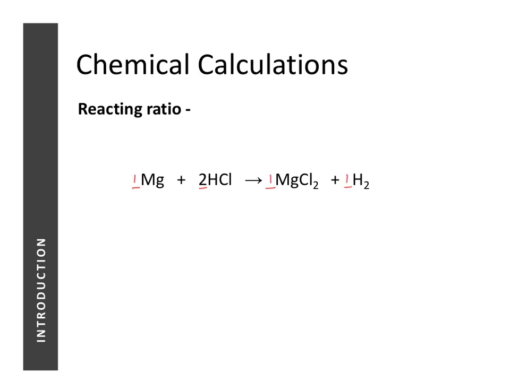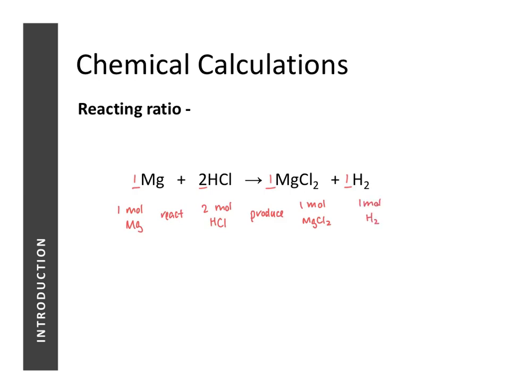Now, what do the numbers tell us? The numbers tell us the ratio in which the substances react. What do I mean by that? From the balanced equation, I can tell that 1 mole of magnesium will react with 2 moles of hydrochloric acid. And when 1 mole of magnesium reacts with 2 moles of hydrochloric acid, it will produce 1 mole of magnesium chloride as well as 1 mole of hydrogen gas.